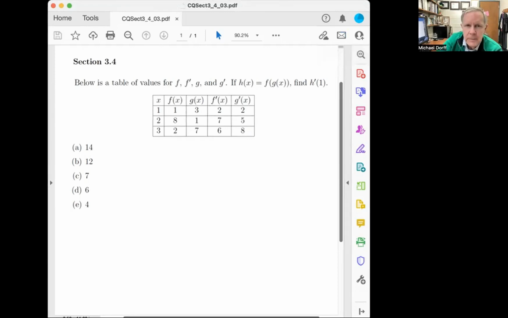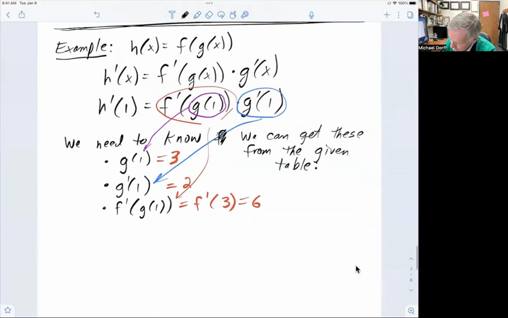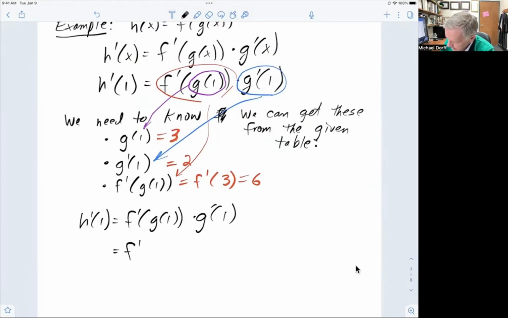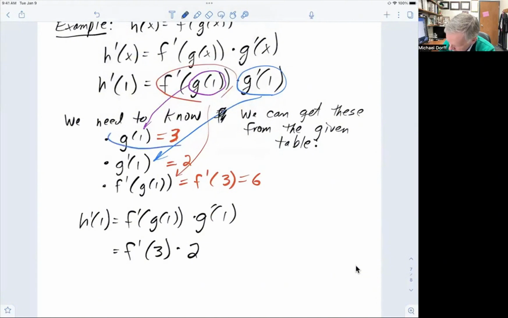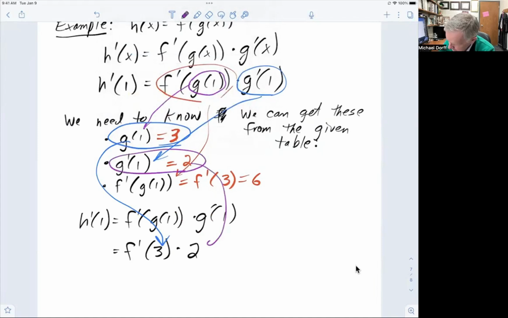So now if I go back to my iPad, I've written in those values from the table. We need to know those, and we can get these from the table. And so h prime of 1 is going to equal, again, f prime of g of 1 times g prime of 1. And that's going to be f prime of 3 times 2, where I'm putting this in for the 3 here, and this in for the 2 there.